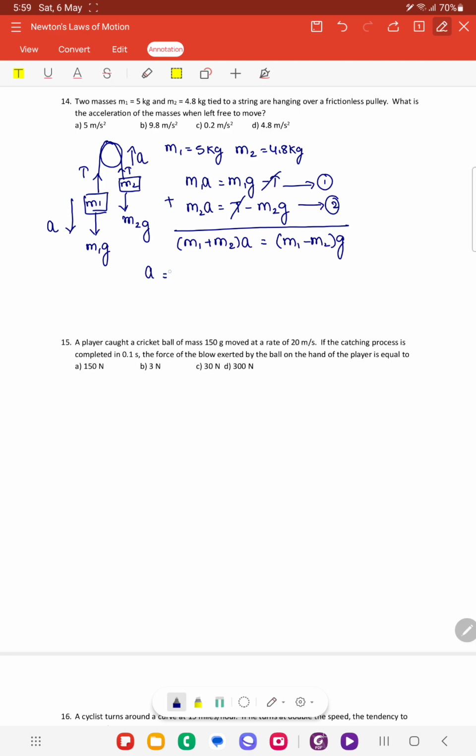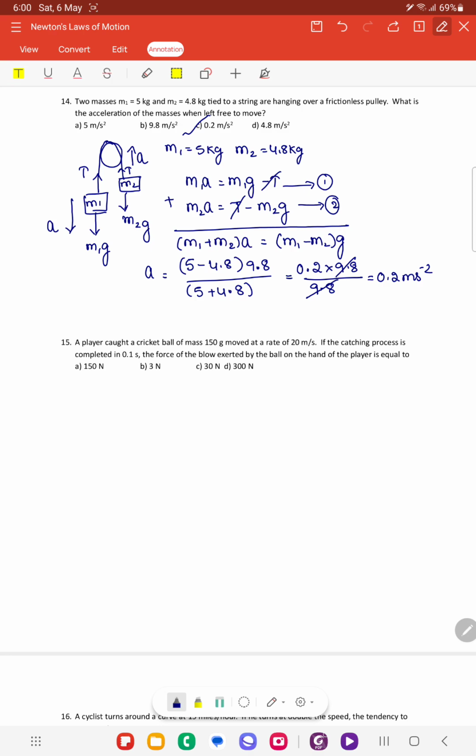So acceleration a is equal to m1 is 5 minus m2 4.8 into g, let us consider it as 9.8, divided by m1 plus m2, that is 5 plus 4.8. So 5 minus 4.8 is 0.2 into 9.8 divided by 5 plus 4.8, which is again 9.8. Get cancels. So a is 0.2 meter per second square. So option C is the right answer.